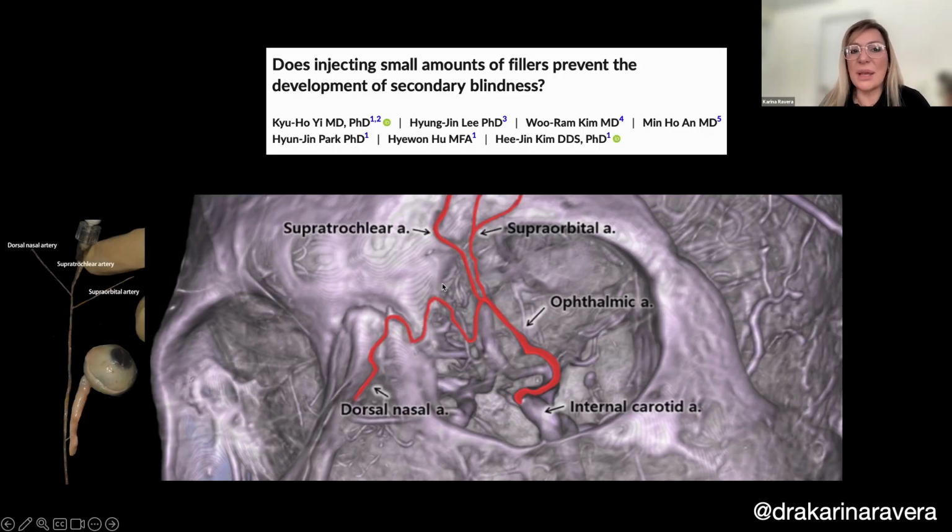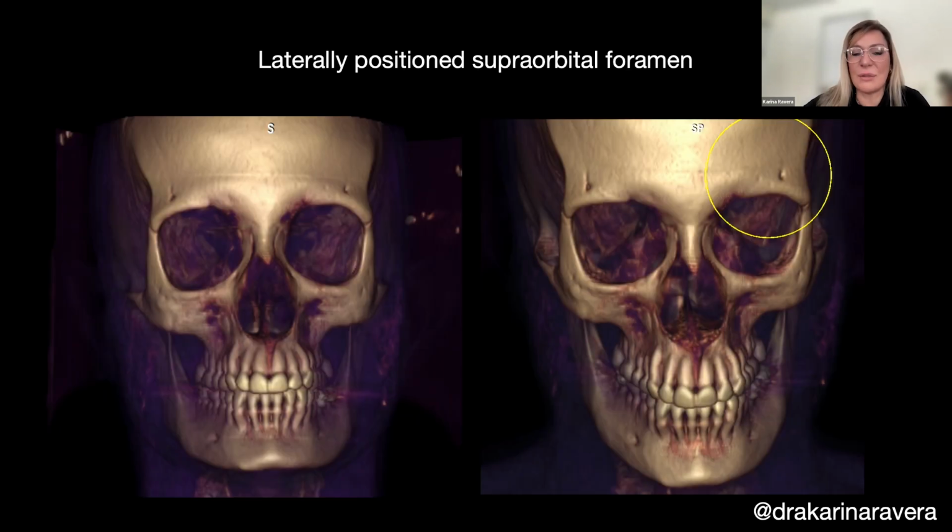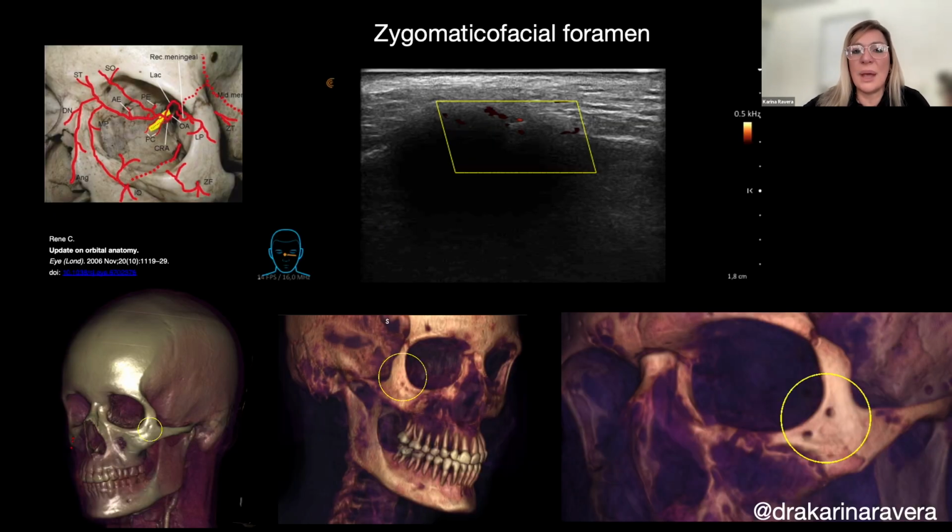So aspiration and injecting a small amount of filler is not very safe. I prefer prevention, and we can prevent if we can see the vascular structures, of course. So we have a very laterally positioned supraorbital foramen.